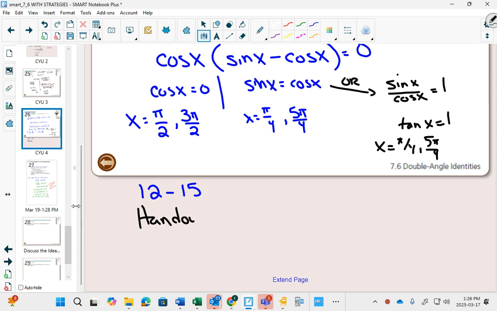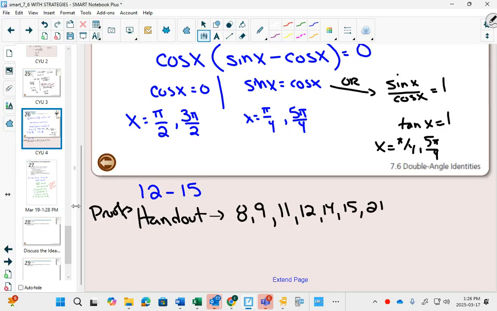And on the back side of the handout that had all the proofs, we all call it the proofs handout, you can circle 8, 9, 11, and 12, 14 and 15, 21, 27, 29, and 31. There are some already circled; they're not the ones you should circle.